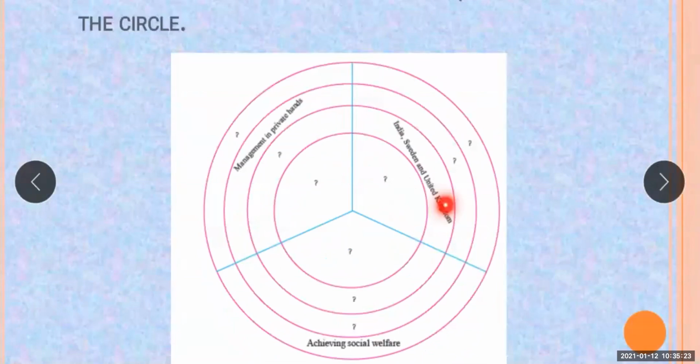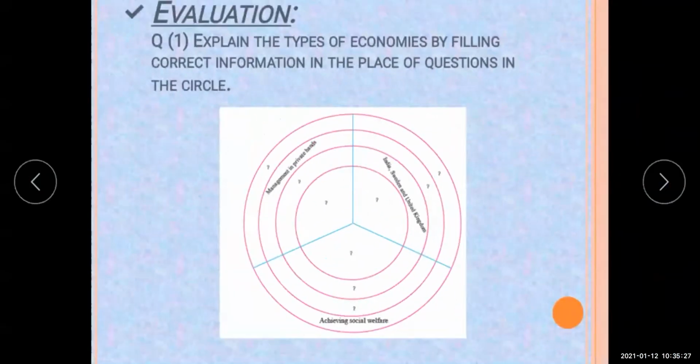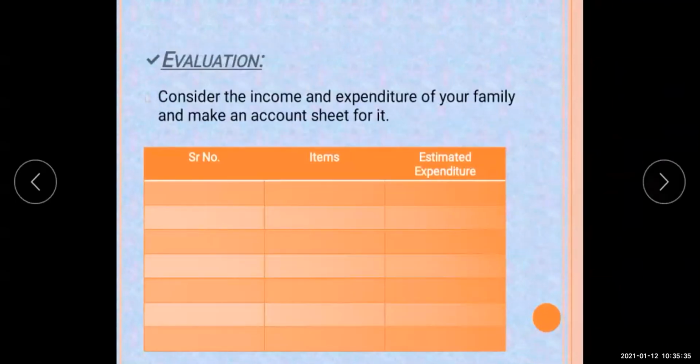You can take a screenshot and note it down in your notebook. You can take the help of your textbook as well as this lecture. Last one: there is one activity that I would like you to do after the lecture.